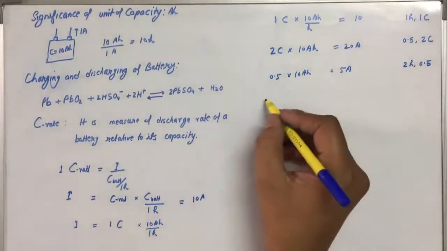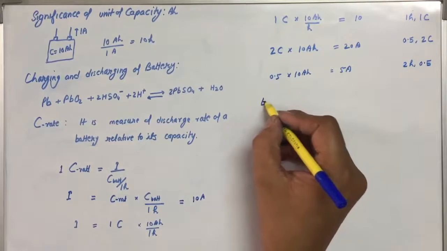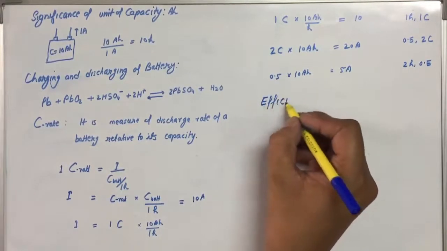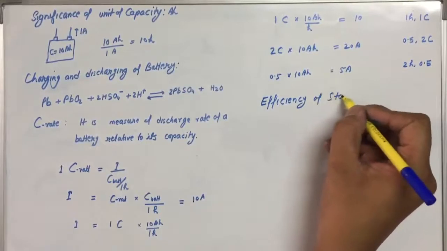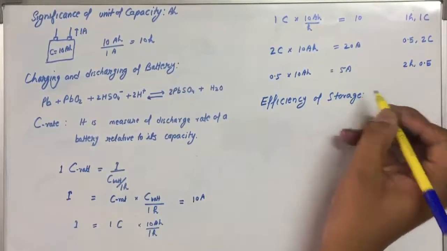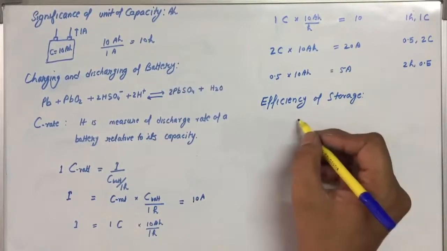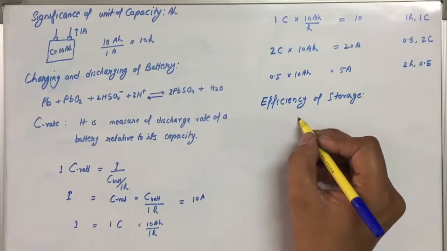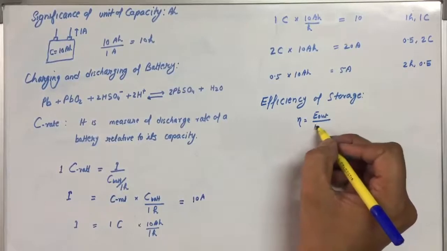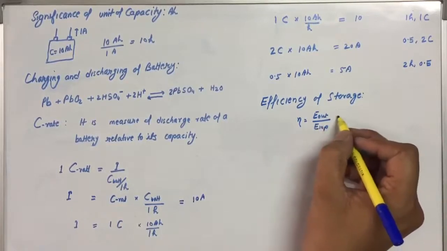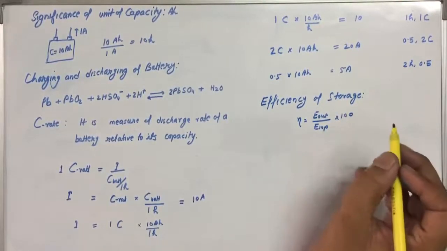Now let us talk about the efficiency of a storage system. For any system, the efficiency is output divided by input, in terms of percentage.